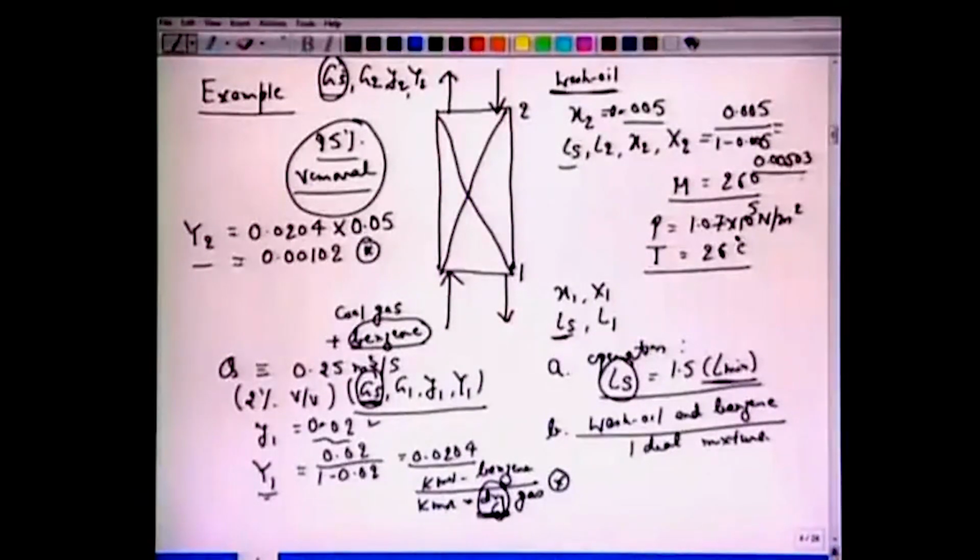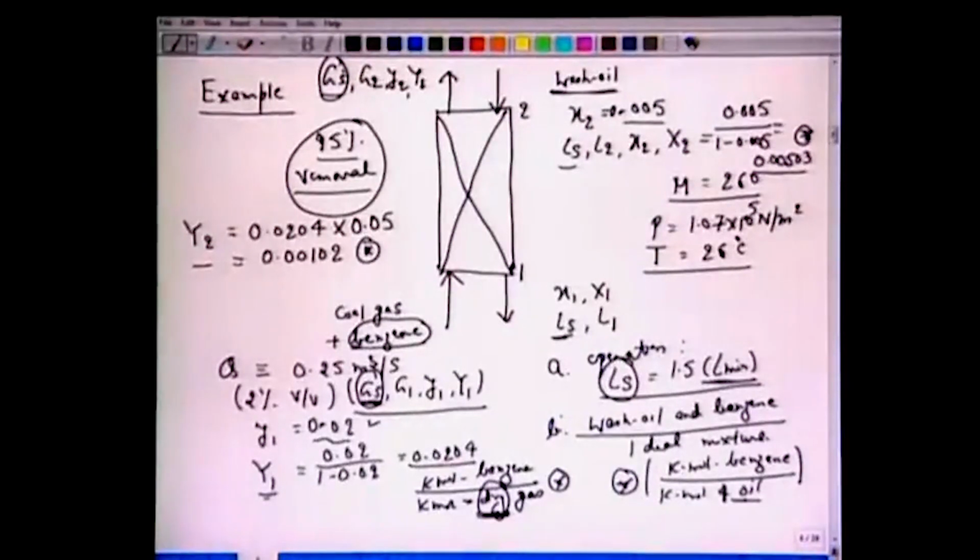And what is the unit? The unit will be very similar to the gas phase: kilomole of benzene per kilomole of wash oil. It's a benzene-free oil, not the total amount. That's the difference between small y1, capital Y1, x1 and x2.